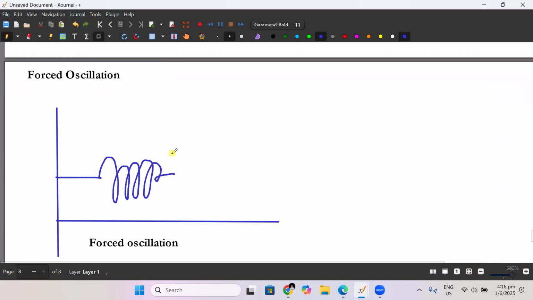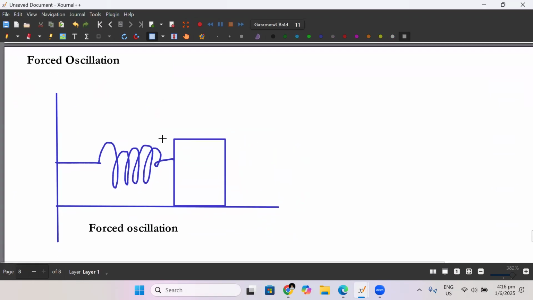Notice instead of just letting it go, like I drag it to the right and then it just goes back and forth, I must set up some other kind of periodic driving force. If I were to just let this swing, left, right, then that's what we call a free oscillation. But I now want to analyze a forced oscillation.